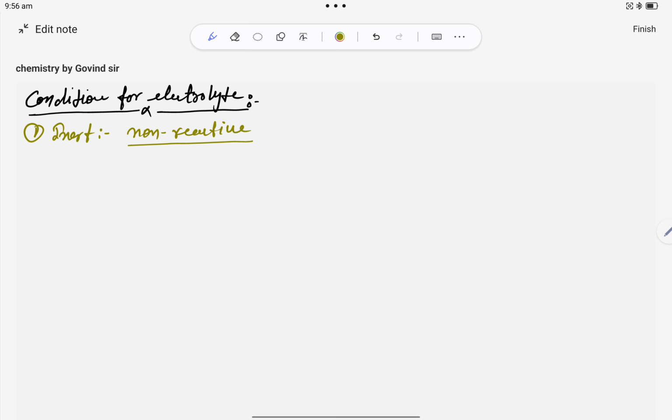So here in the copper zinc cell we are using KCl. What is the dissociation of KCl? KCl dissociates into K+ and Cl-, right?